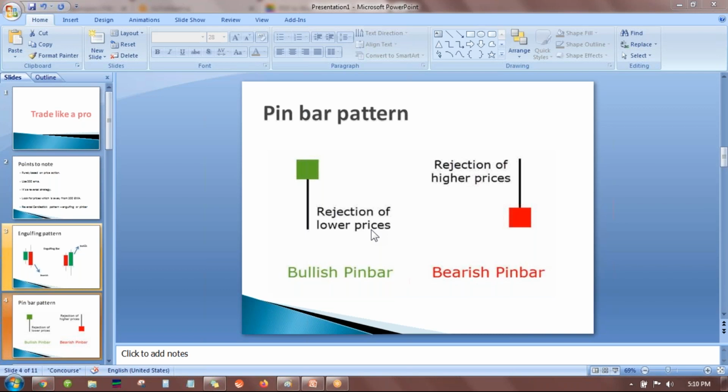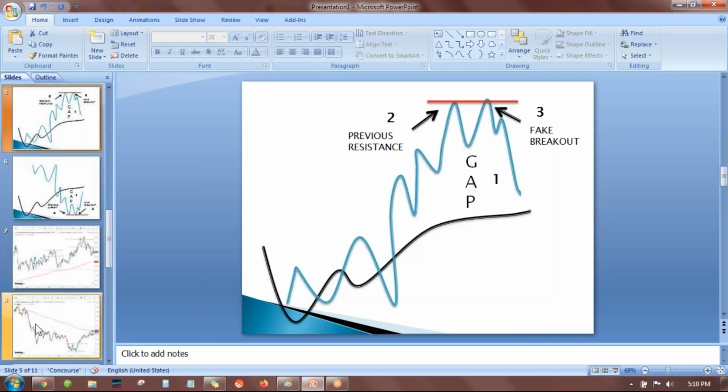We just need two reversal candlestick patterns for this strategy. Here is what a chart is going to look like. The black line is the 200 exponential moving average, and this blue line is the price. I have put numbers on this screen.